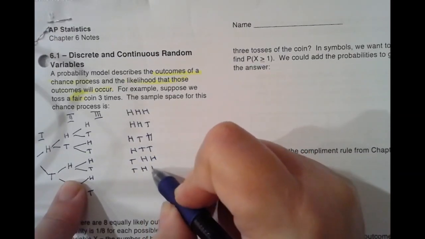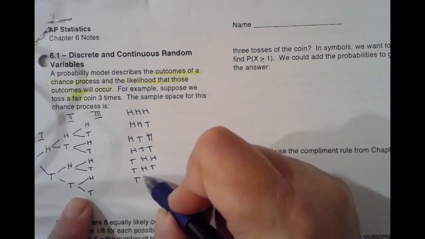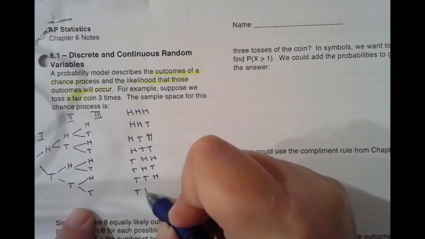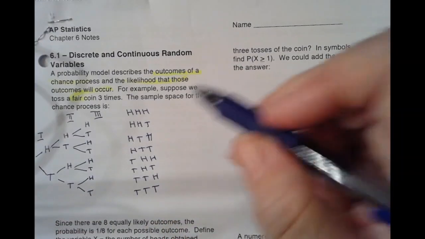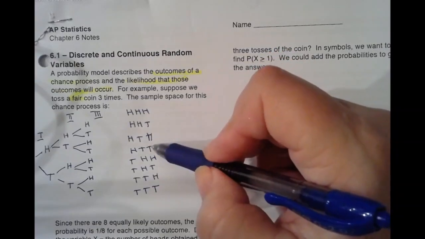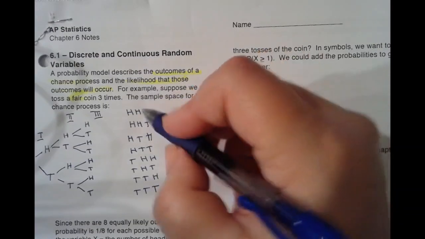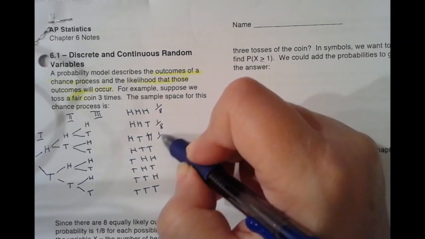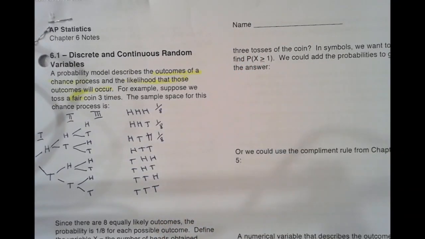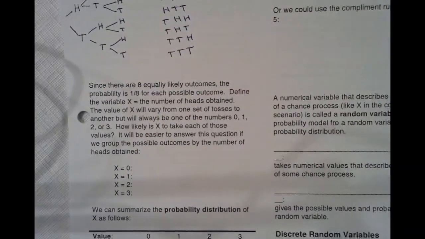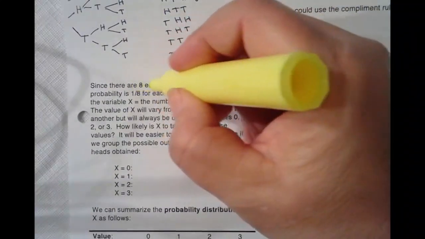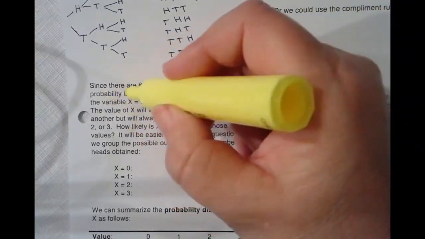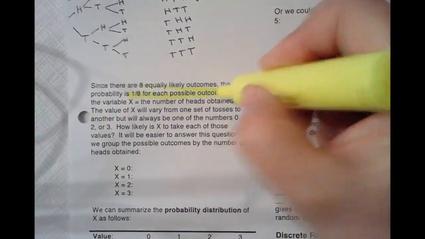Tails, heads, tails. Tails, tails, heads. And tails, tails, tails. I have 1, 2, 3, 4, 5, 6, 7, 8, and each one has a chance of 1/8 of occurring. Since there are 8 equally likely outcomes, the probability is 1/8 for each possible outcome.